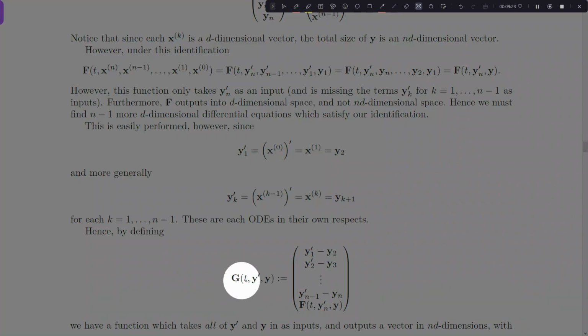My new function in n dimensions will just be y1 prime minus y2, y2 prime minus y3, all the way down until I get up to yn, and then once I reach yn, that prime is the one that ends up inside of my original function.